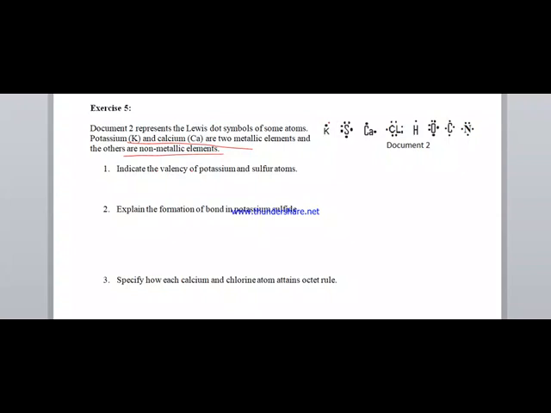Potassium is K and sulfur is S. Potassium has 1 single dot electron, so the valency of K is equal to 1. And sulfur has 2 single dot electrons, so the valency of sulfur is equal to 2.